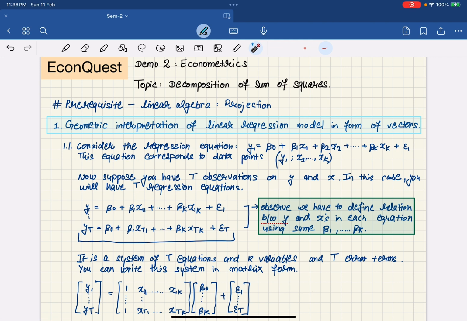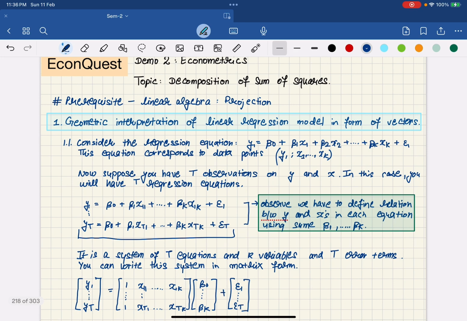So please note that we have to define the relation between y and x's in all of these t equations using the same parameters b naught till bk.